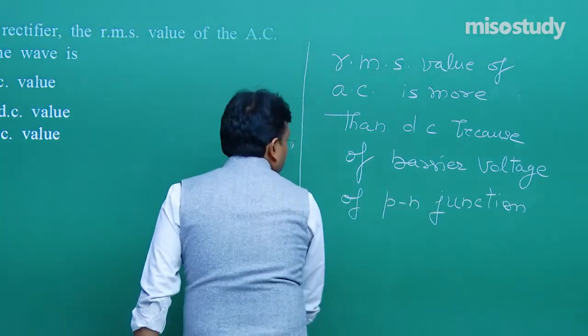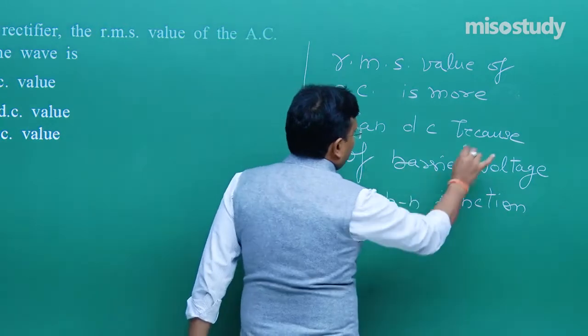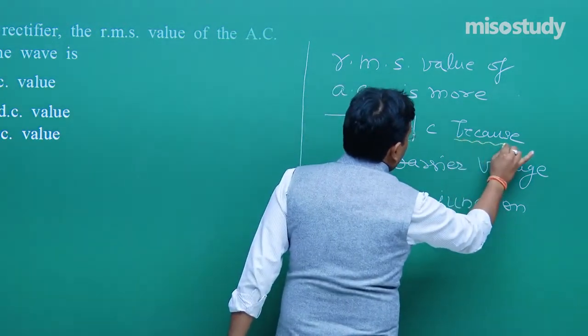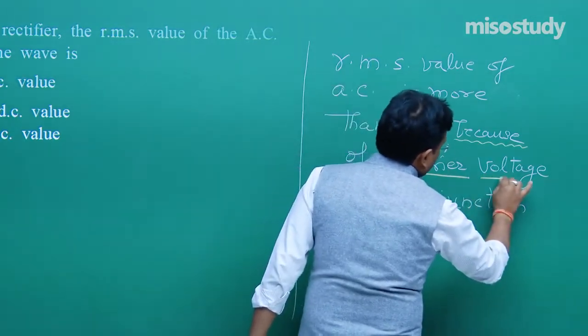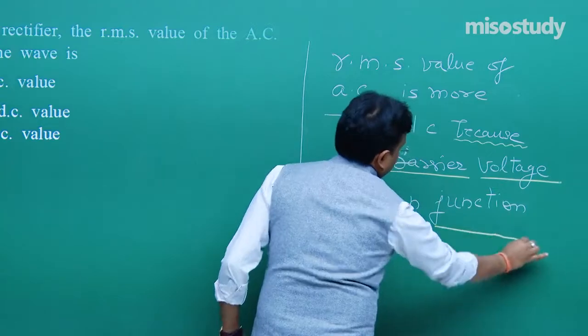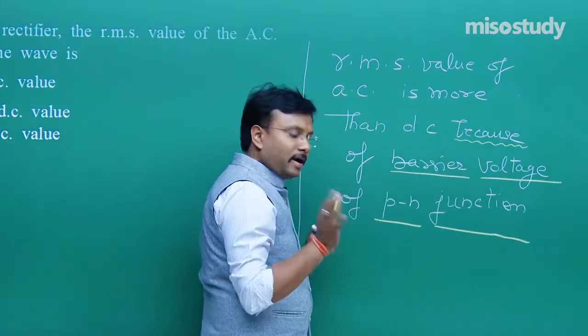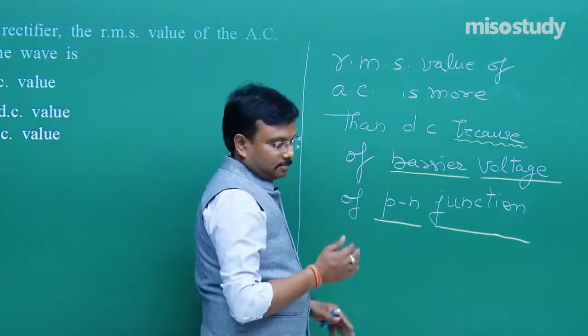So now, more than required, I explained, because of barrier voltage of PN junction. Fine. This is a very simple explanation.